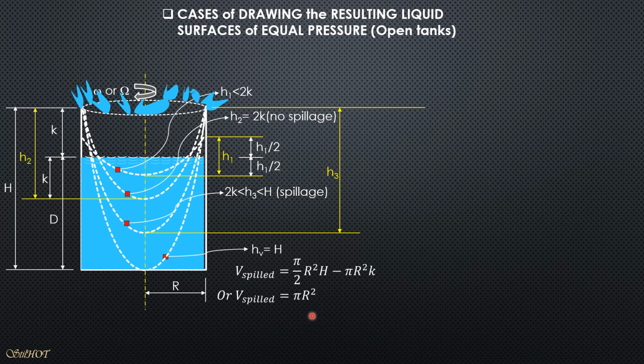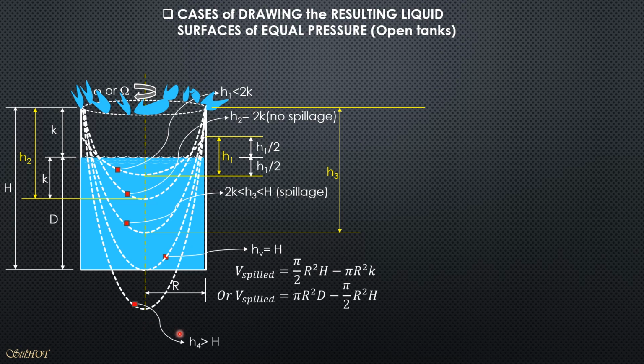So the volume spilled is also pi R square D, the original volume, minus half the capacity, because the volume under the paraboloid inside the cylinder is also the same, pi over 2 R square big H. Then when the angular rotation is such that the bottom is exposed, a certain amount of liquid is spilled.